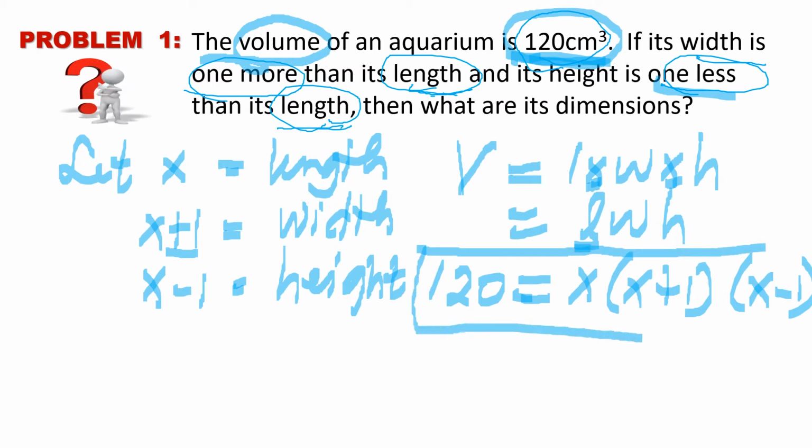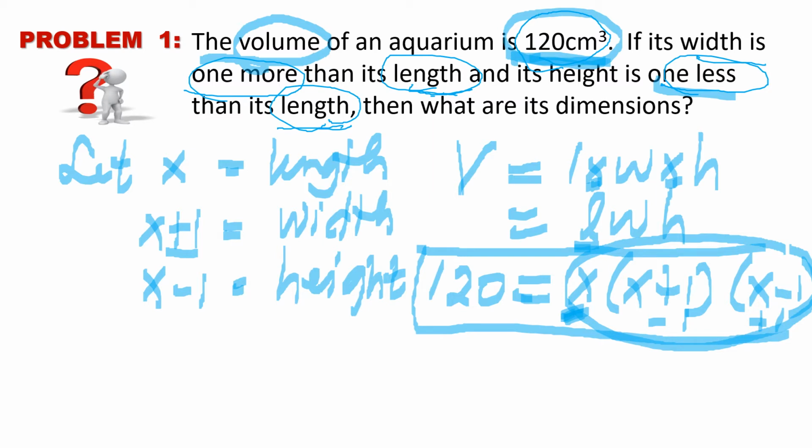And out of this, we can come up with the polynomial by multiplying x, x plus 1, and x minus 1. This time is the other way around. We came up with the factors first. So take note, these are the factors: x, x plus 1, and x minus 1. And the roots here are 0 from x, and then negative 1 from here, and positive 1.